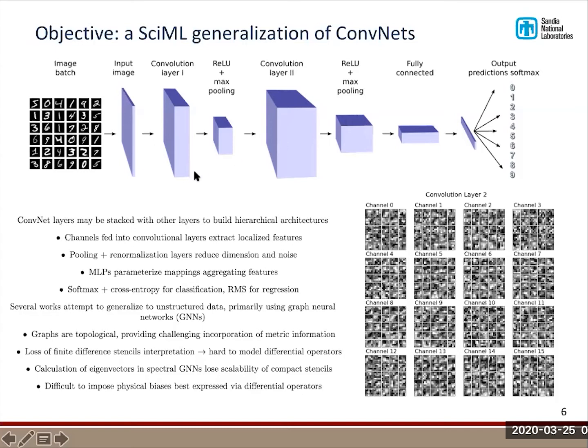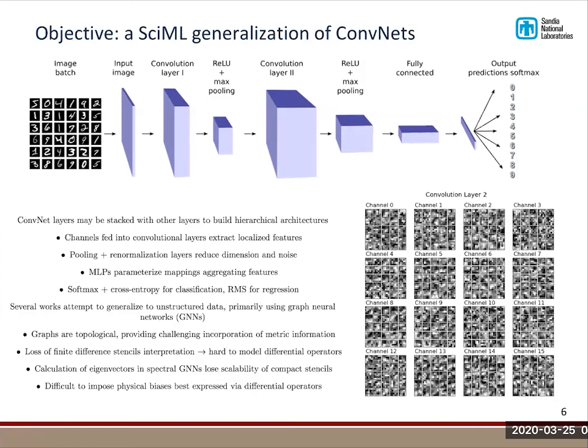So there's a lot of effort to generalize the successes of convolutional networks to unstructured data. And one of the main techniques is using graph neural networks. There are a lot of graph neural network variations out there, and I don't want to belabor the point too much trying to distinguish between them. But the main point is that graphs are strictly topological objects to work with.